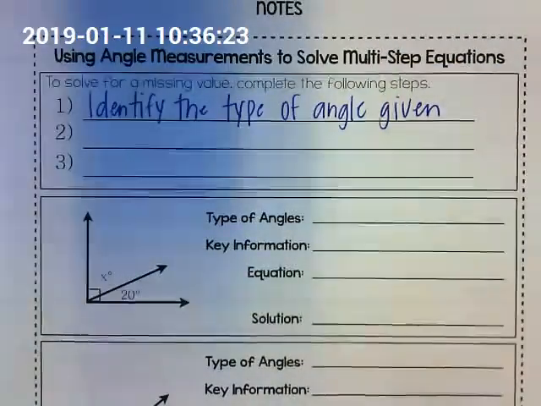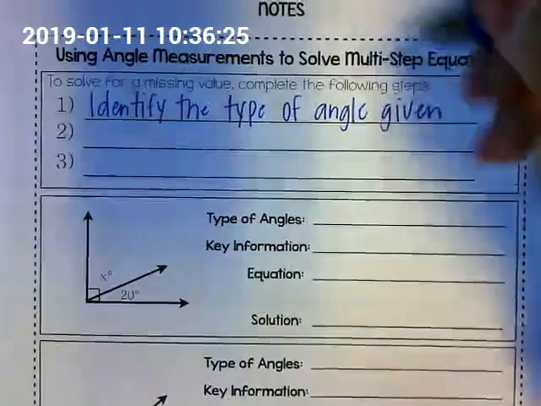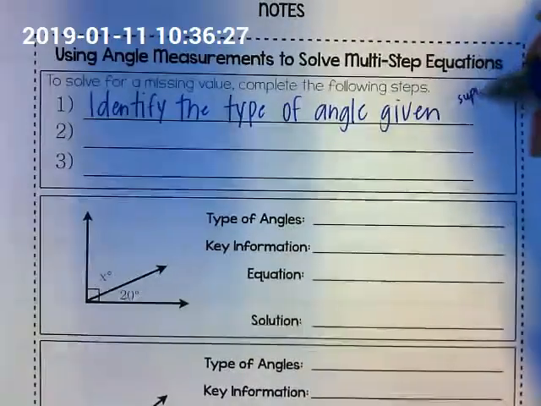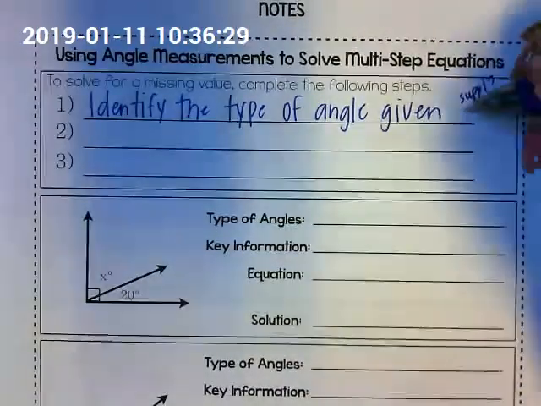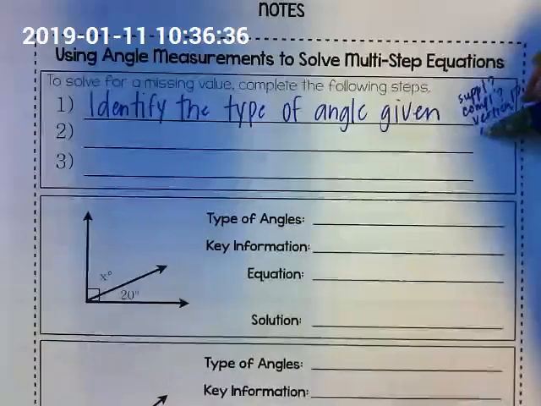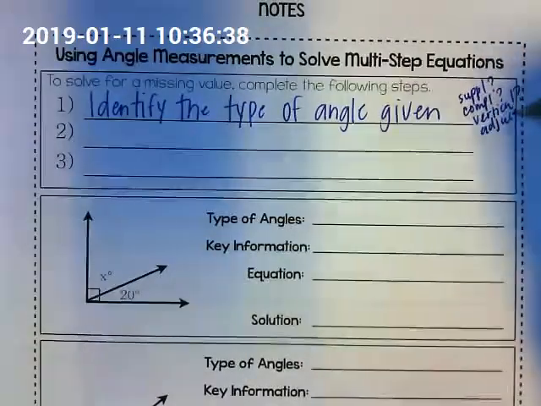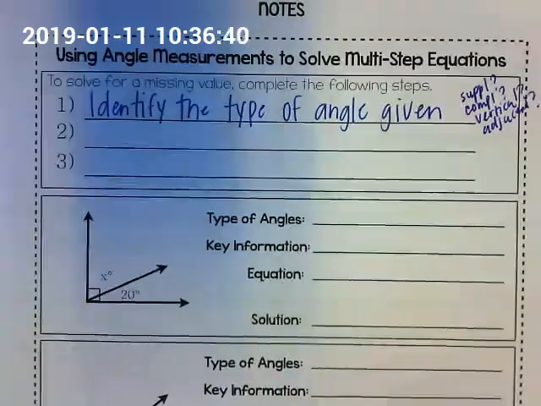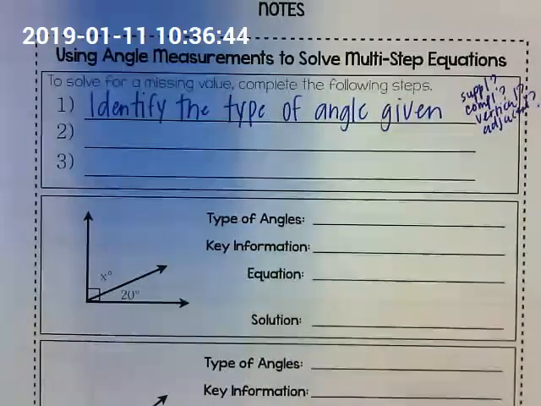Meaning, is it supplementary? Is it complementary? Is it vertical? Are they just adjacent? So I'm just writing that to the side to give me an idea of what I'm talking about when I say identify the type of angle.